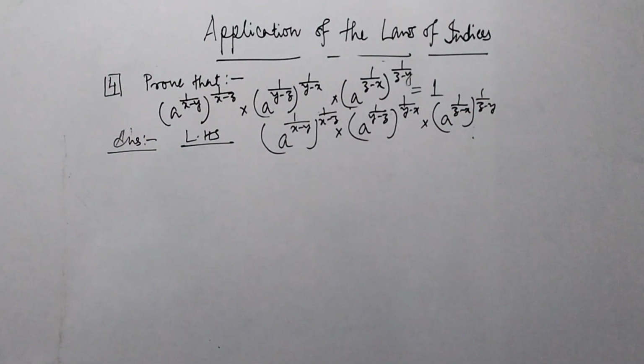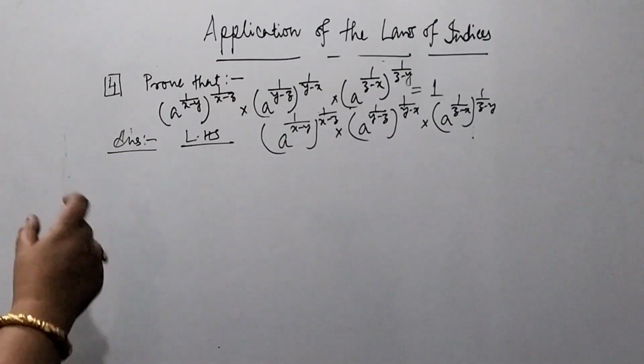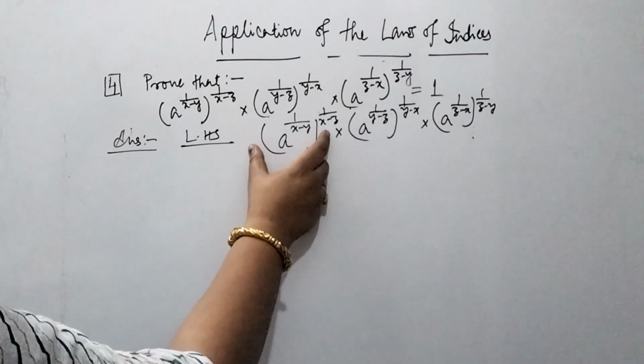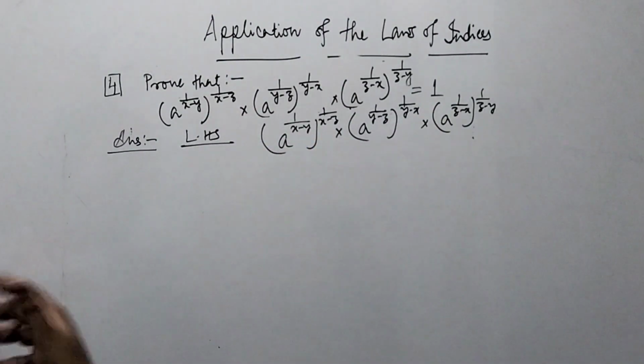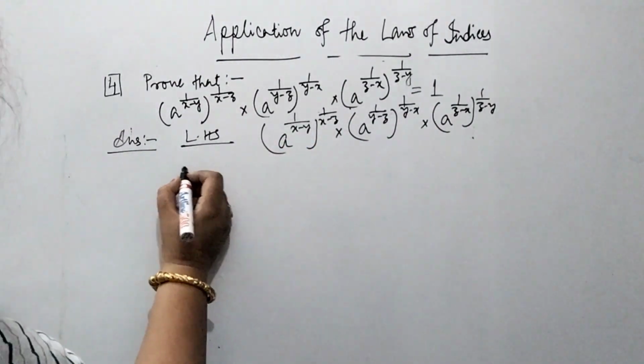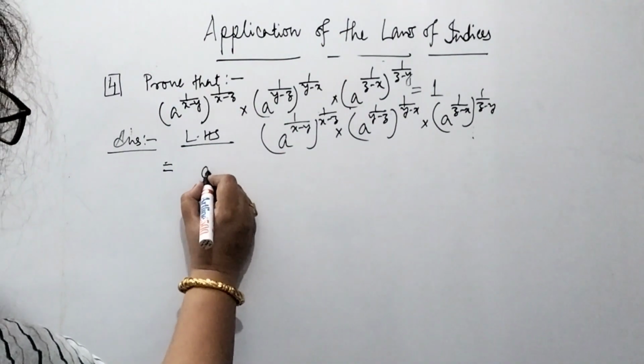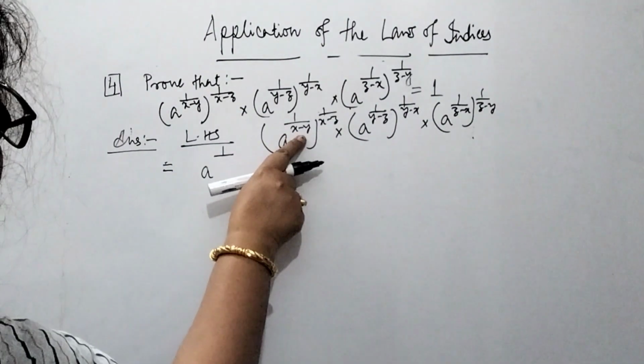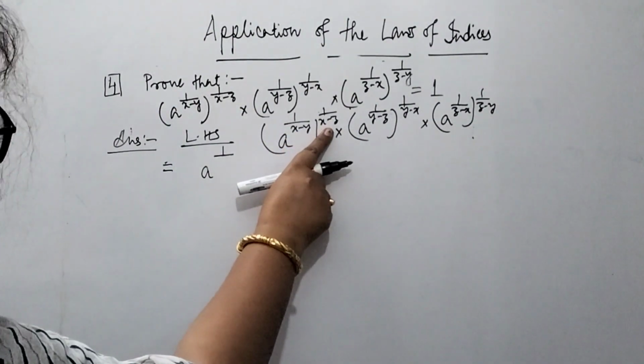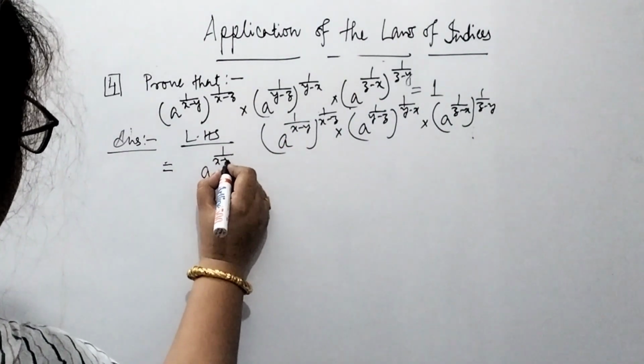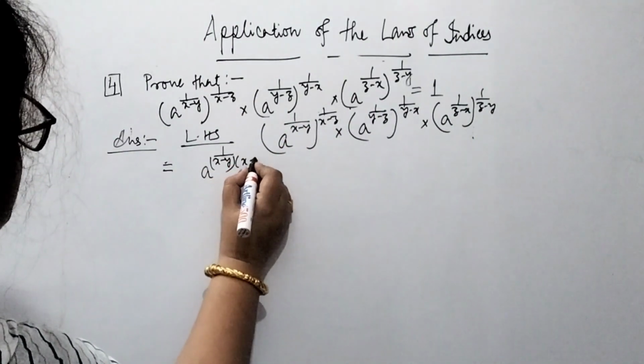Now, if you see each and every term of this expression, you will find they are giving you the formation a to the power m whole to the power n, right? So it can be written as a to the power mn by laws of indices. So here we get a to the power 1 by x minus y into 1 by x minus z. That is 1 by x minus y into x minus z.